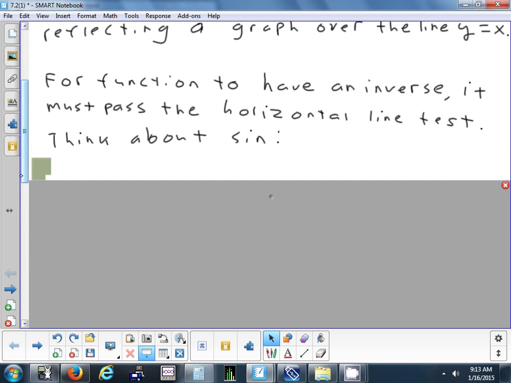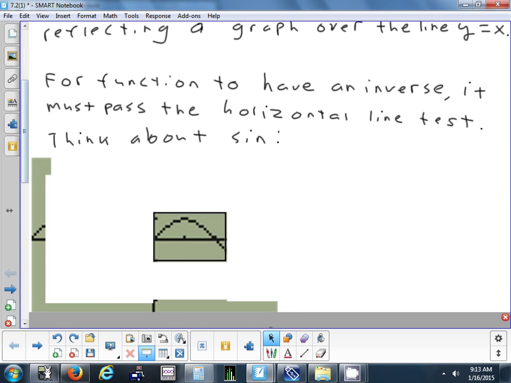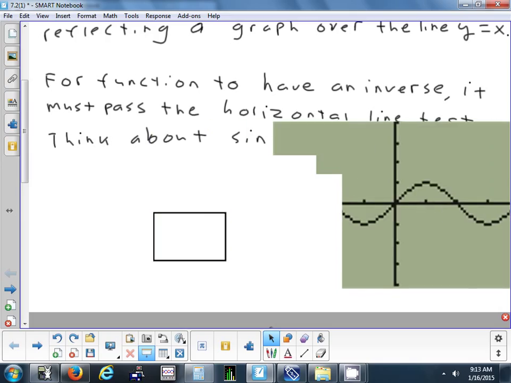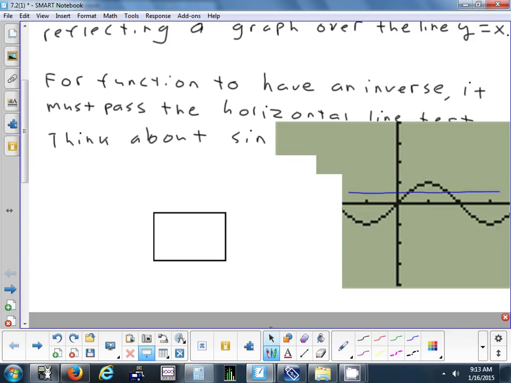Okay, so let's look at the graph of sine. If I draw a horizontal line anywhere that I want in that picture, is it possible it could hit it more than once? Yes. There's an example.